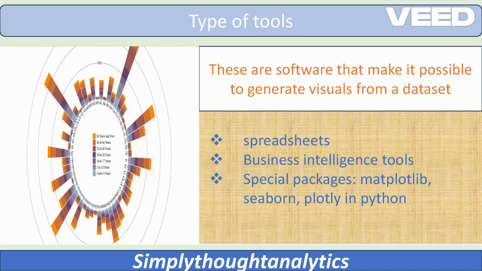And from that is where the term business intelligence comes from. So there are some tools which are designed purposely for business intelligence, and these tools are designed in such a way that they have a very powerful visualization capacity.